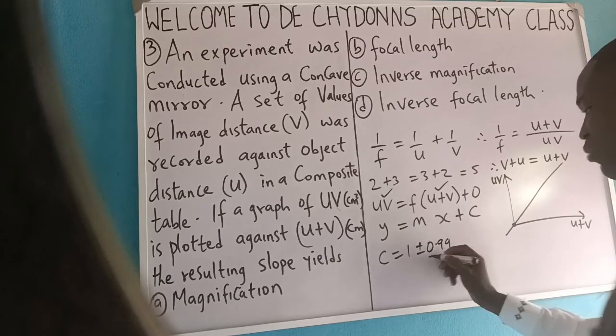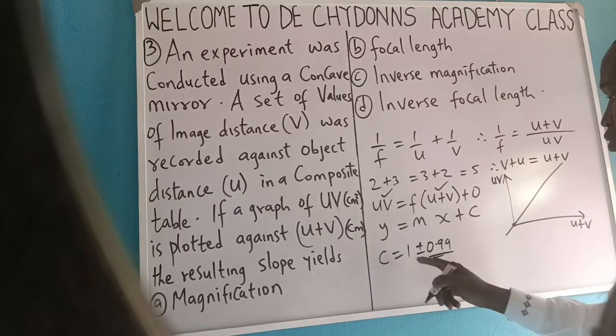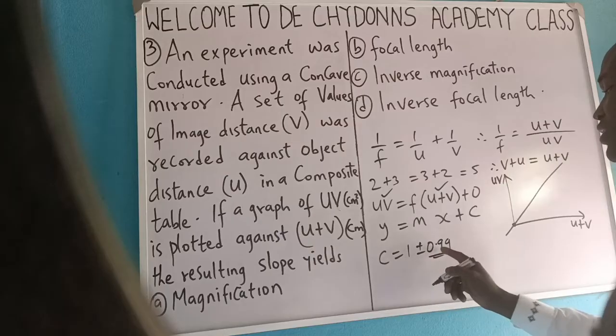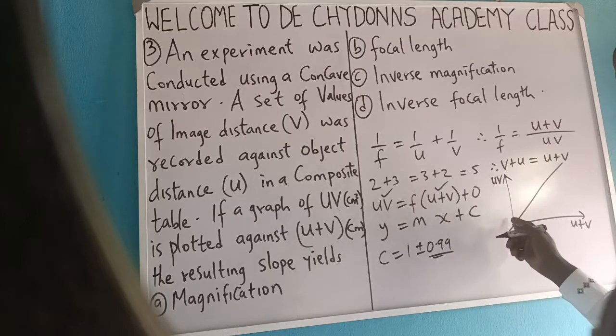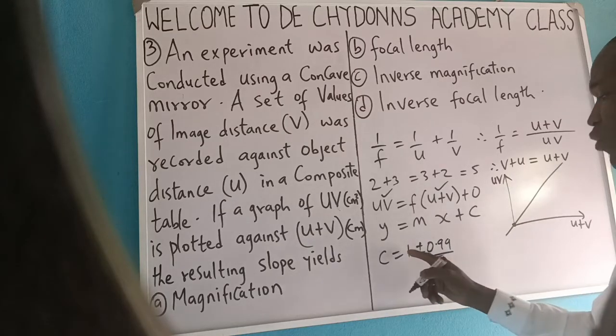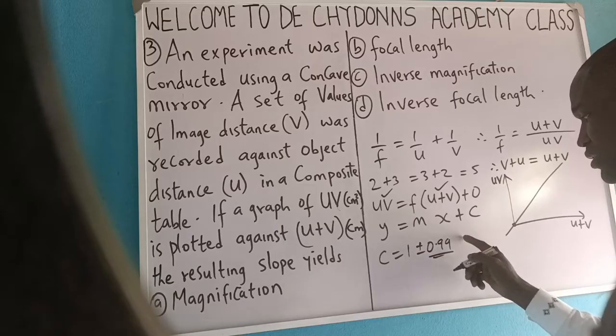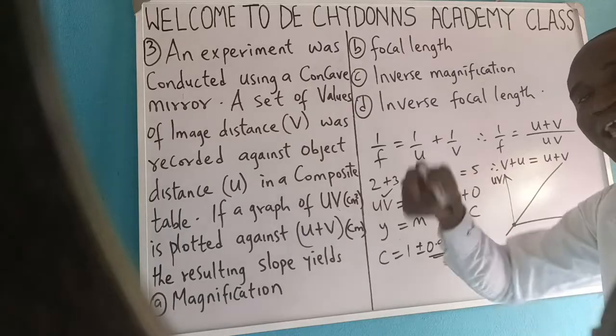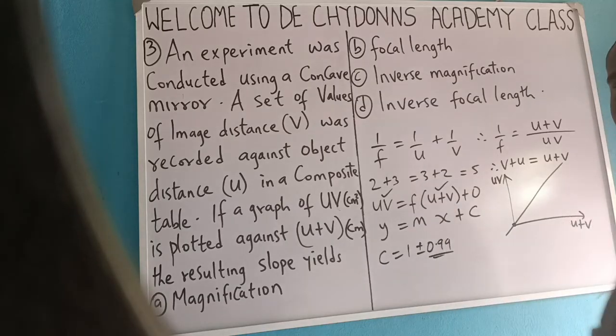When I say 1 plus this, it will give me an answer, and 1 minus this will give me another. One of them will give you the answer they have in the marking script.